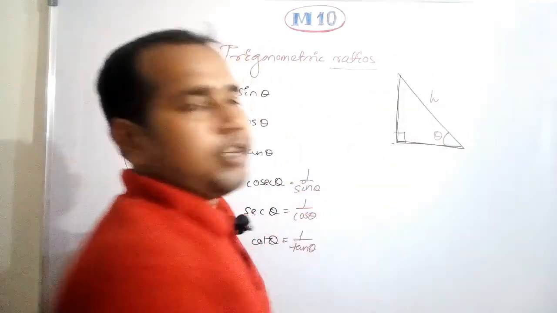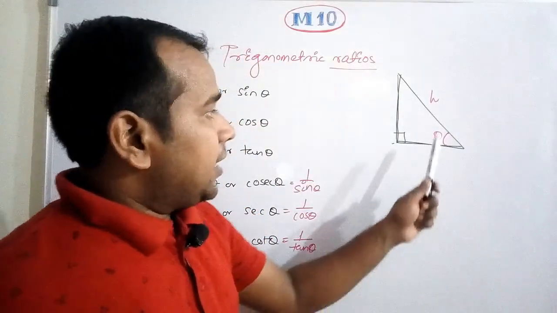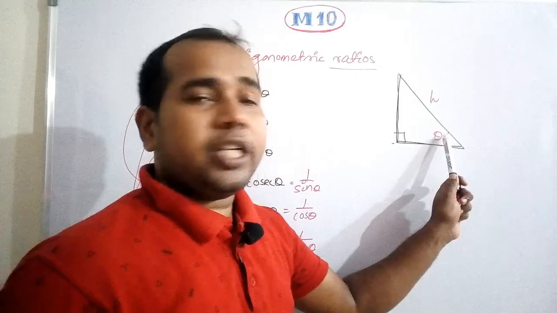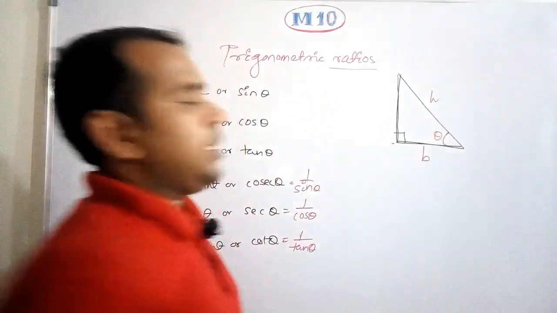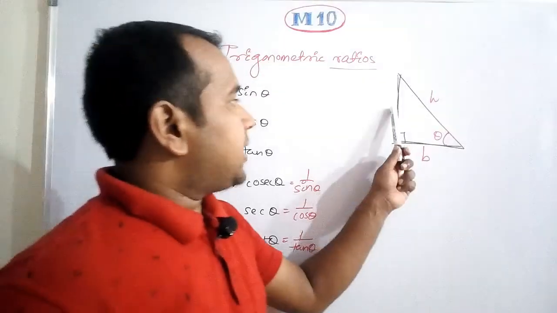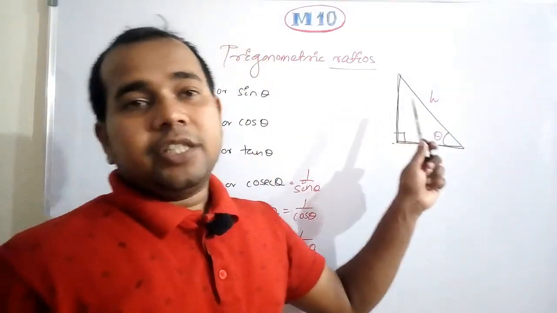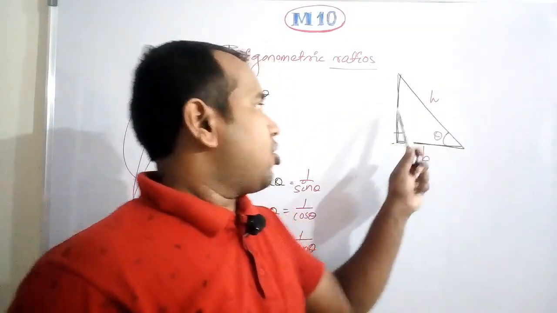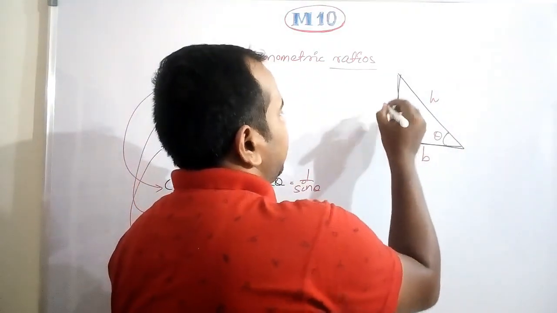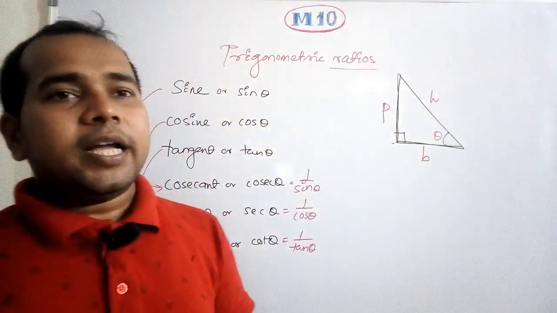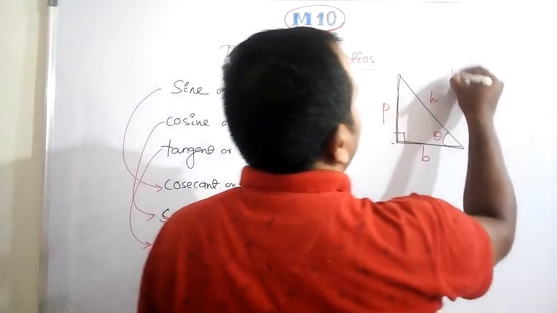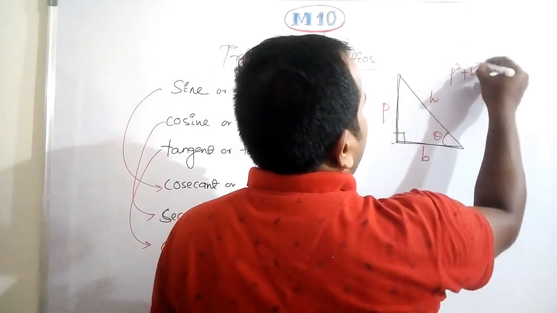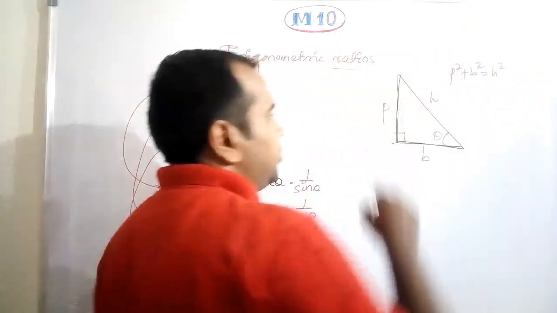So this is the hypotenuse. The side which is adjacent to the given angle is considered the base and denoted as B, and the side which is just opposite to the given angle is called the perpendicular and is denoted by P. As you know, in the Pythagoras theorem for right triangles, P square plus B square is equal to H square, that we are going to use.